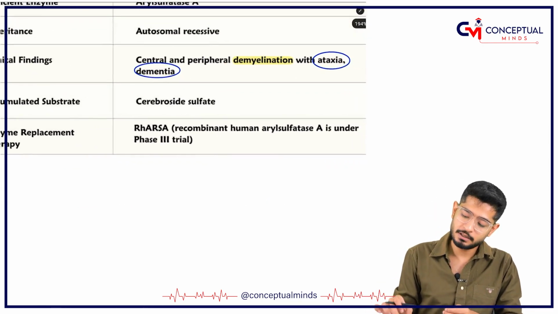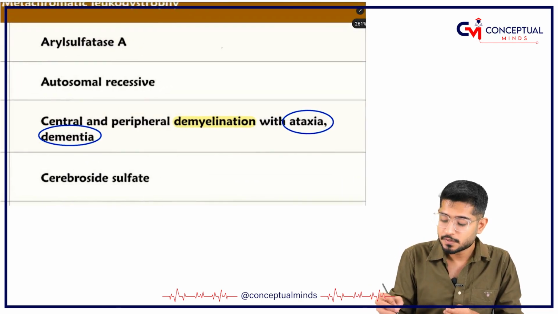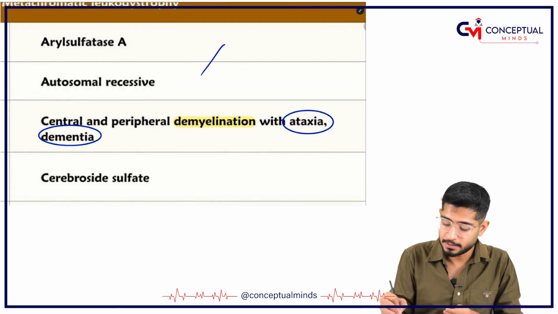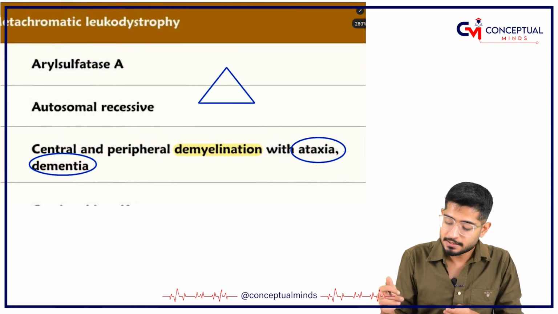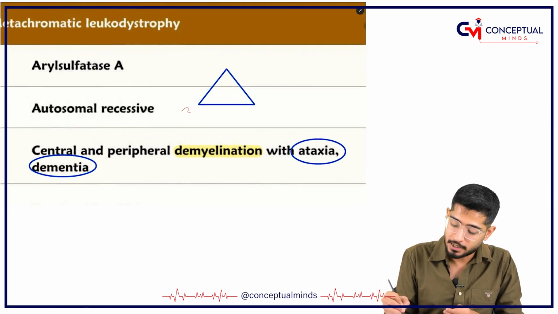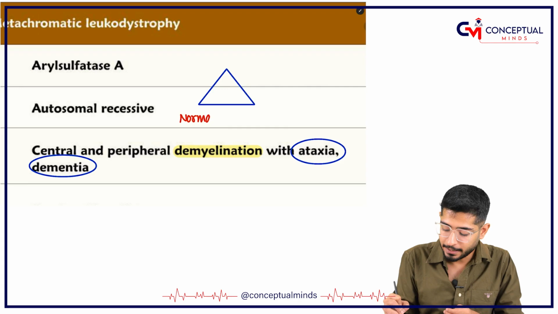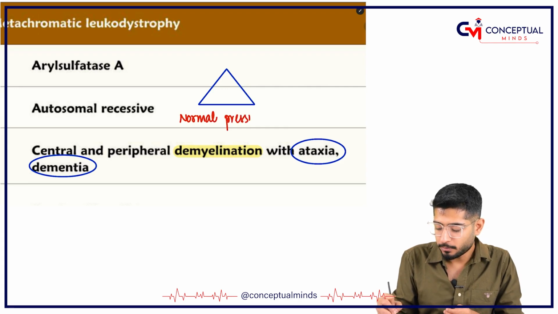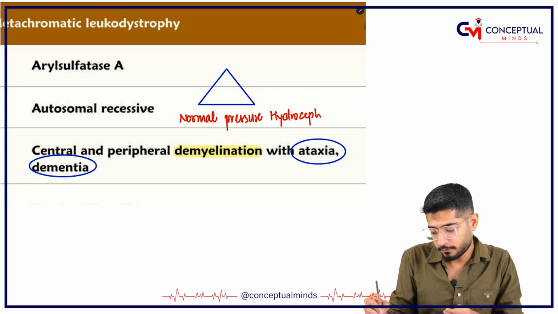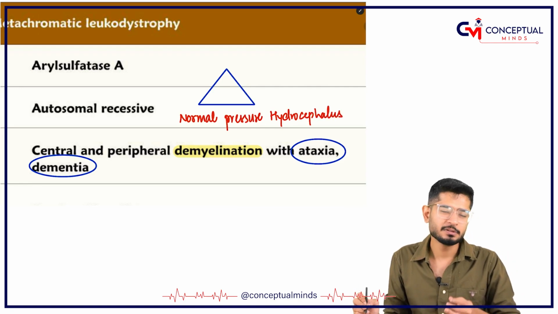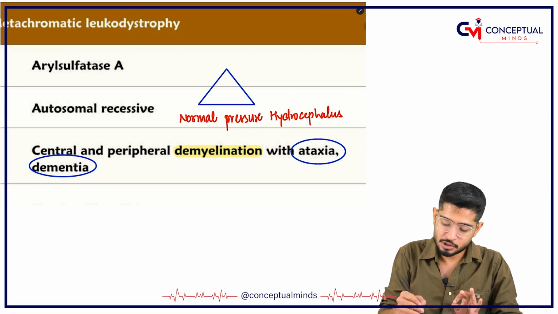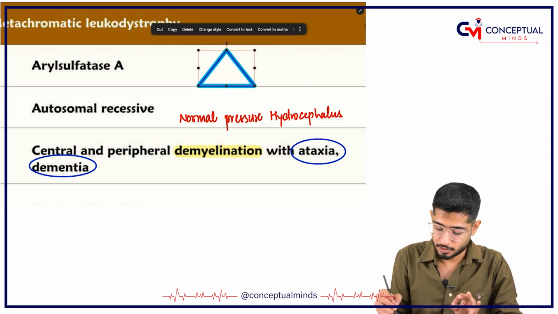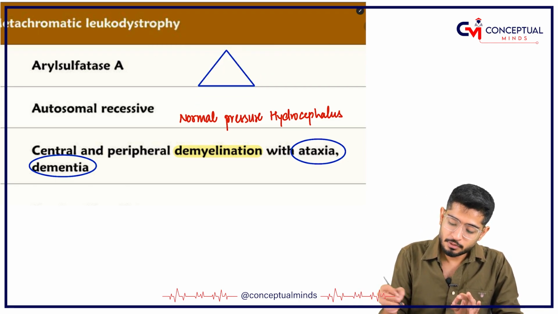Now a very important thing whenever it comes in the exam, I'll make a triad. There is a disease called normal pressure hydrocephalus. Normal pressure hydrocephalus is actually a domain of pediatric faculty. There is hydrocephalus, but the intracranial pressure is normal. Why am I telling you here?